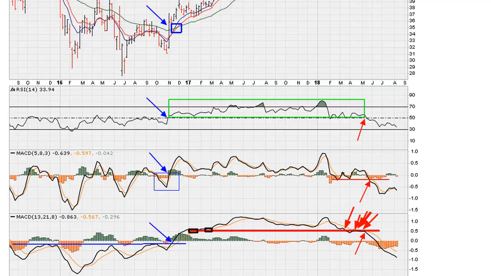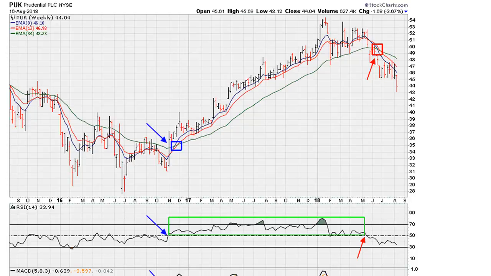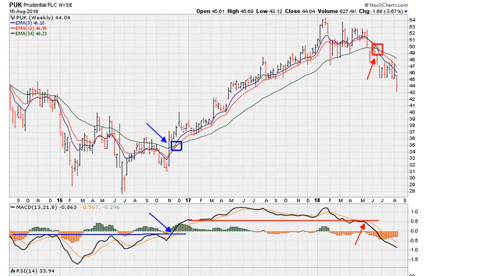Now that failure point corresponds with this price action here, this period. Actually, why don't I just show you that level? So this failure point here corresponds with this price level actually.